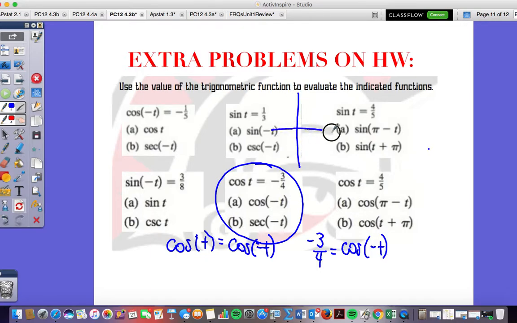When we draw this, the cosine of t is, let's say, a positive angle, right? If it is negative, cosine of negative t, this thing's going to go backwards, right? So if up here this is negative 3/4, down here this will also be negative 3/4 because all students take calculus, right?